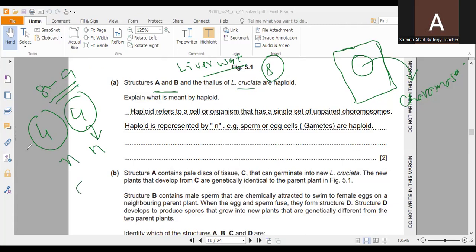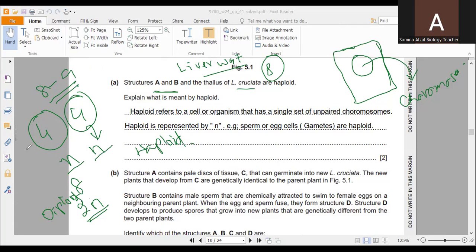When we say 8 chromosomes, we say 2n number. 2n is called the diploid number. And when we say they are in the form of a single set of chromosomes, they are represented by a single n, which means haploid. Haploid means half the number of chromosomes or a single set of unpaired chromosomes.